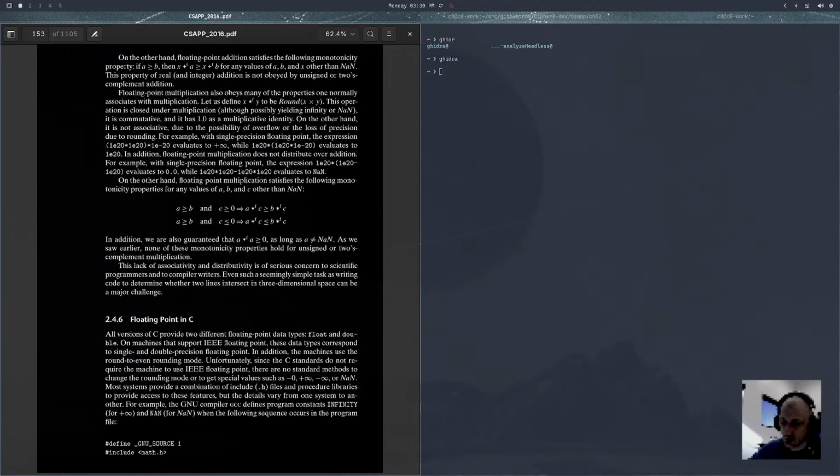If a is greater than or equal to b, then x plus a is greater than or equal to x plus b. So basically, adding x to both of the operands in this inequality results in the same inequality holding true, for any values a, b, and x other than NaN.